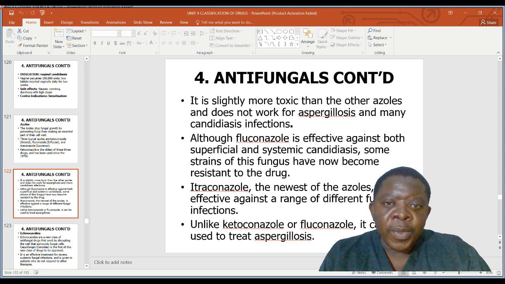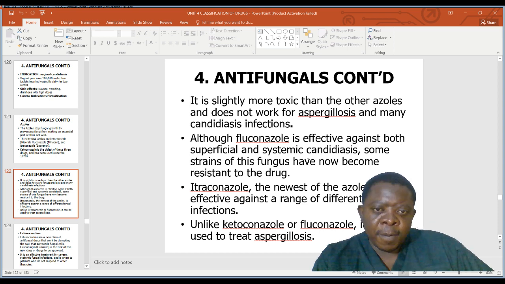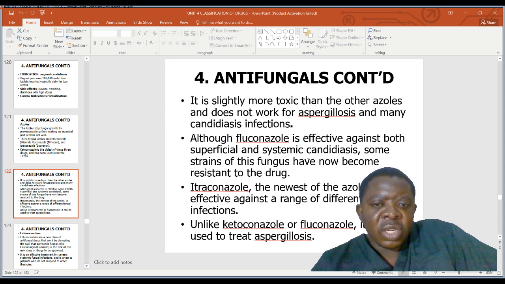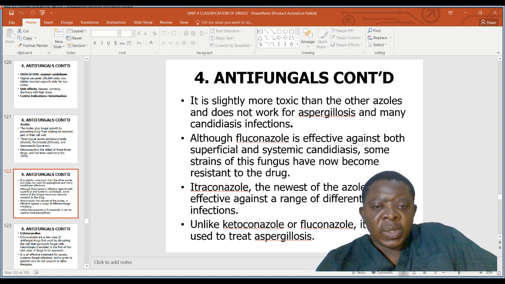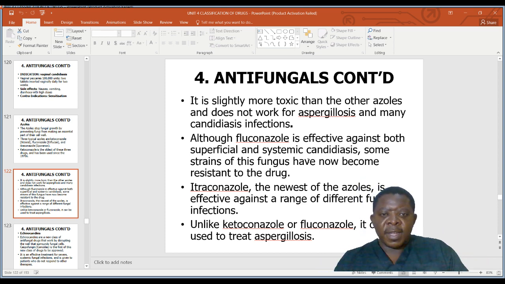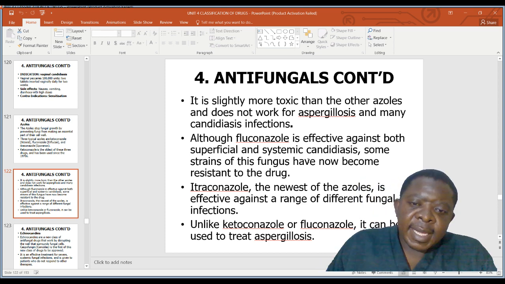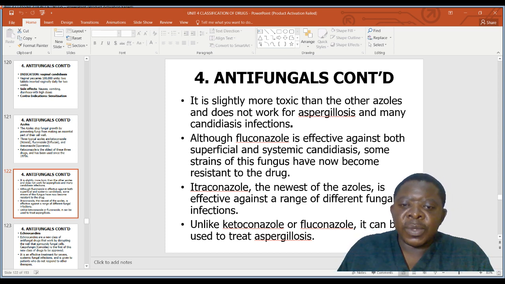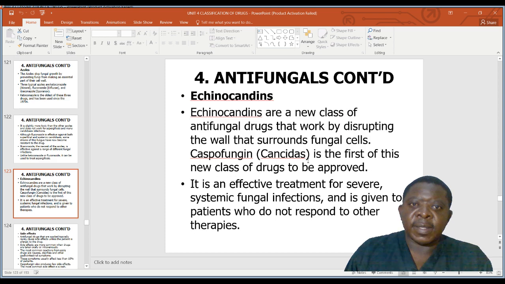So if you find that fungi are resistant to fluconazole, you might have to use other drugs. Then itraconazole is the newest of the azoles and is effective against a range of different fungal infections. Unlike ketoconazole or fluconazole, itraconazole can be used to treat aspergillosis.